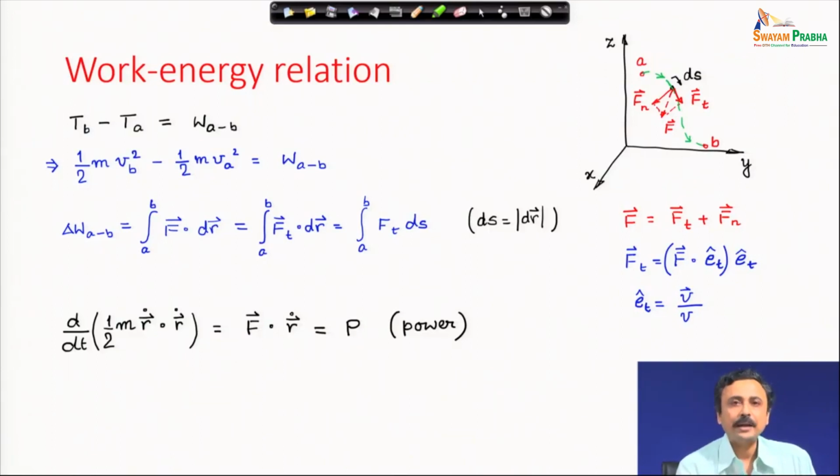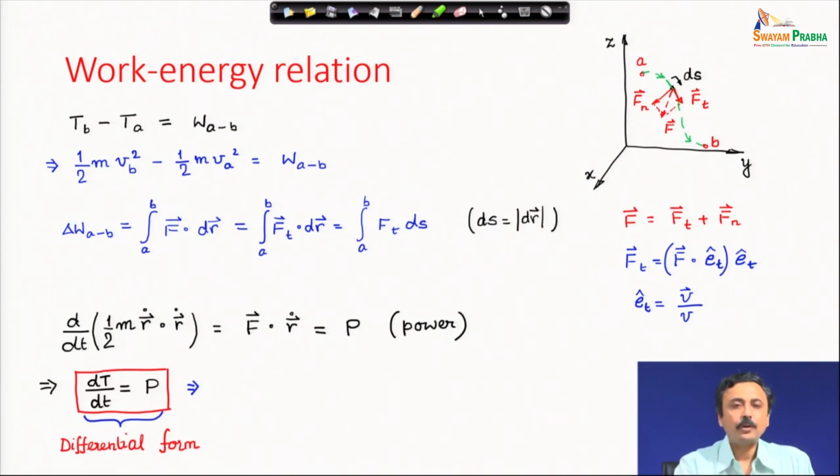We can also look at the derivative form of the work energy relation. This we have derived a moment ago. d/dt of the kinetic energy is F dot velocity. Now, F dot velocity is nothing but power. Therefore, I can write d kinetic energy/dt is equal to the power.